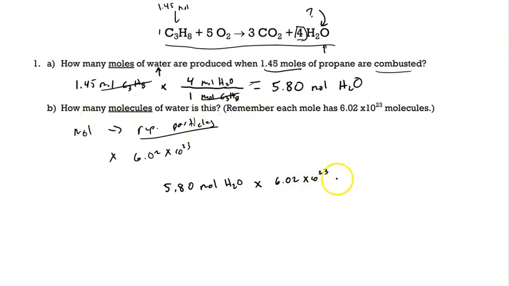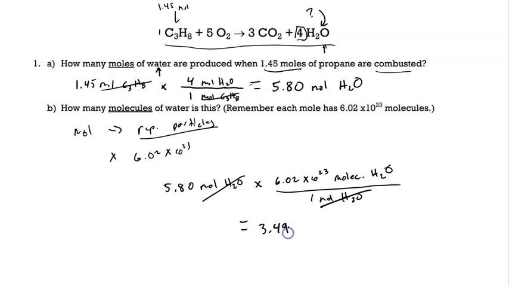In this case, it's molecules of water per 1 mole of water. Cross off the moles, and when I do that calculation, I should get 3.49 times 10 to the 24th molecules of water.